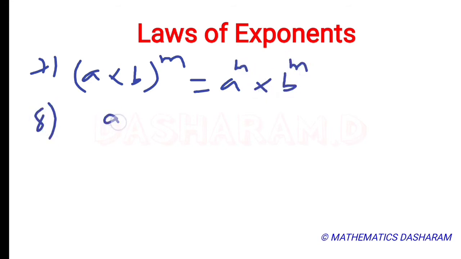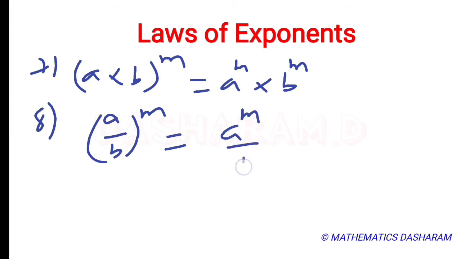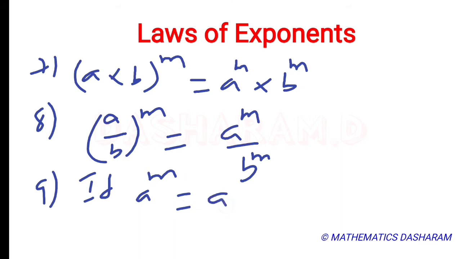The eighth one is a by b whole to the power of m equals apply the power for numerator and for denominator. Next, the ninth one is if a to the power of m equals a to the power of n, then m equals n.